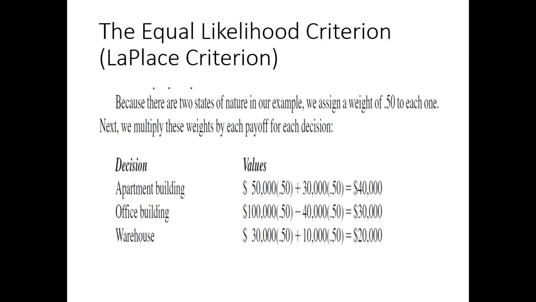Exactly similar is the equal likelihood criterion. Another name for this criterion is the Laplace criterion. In the case of Hurwicz, we made a guess of the feeling, but here we don't make any guess.